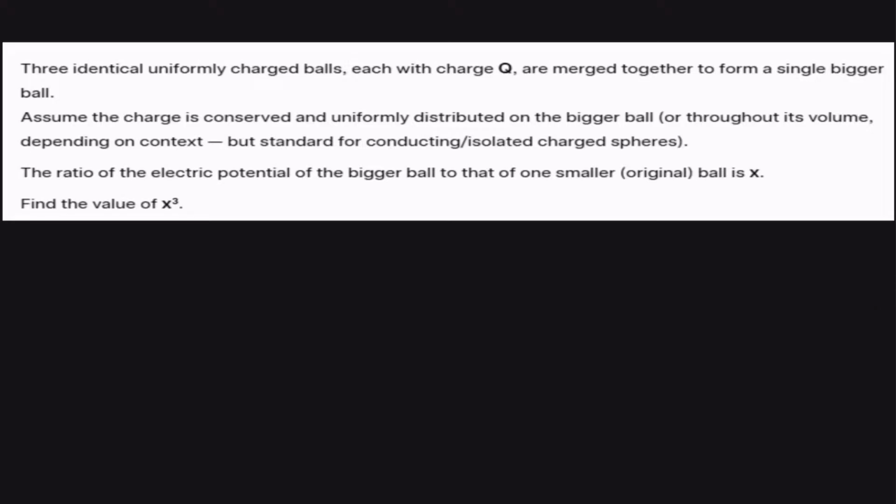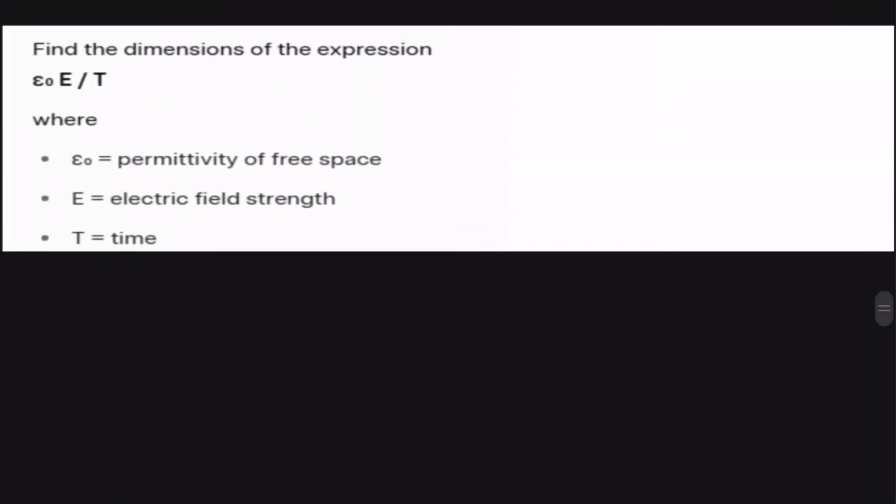This was the same question. It states that find the dimensional expression of epsilon naught E divided by T, where epsilon naught is the permittivity, E is the electric field, and T is the time. So let us start with the electric field.